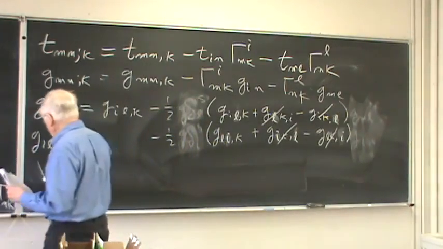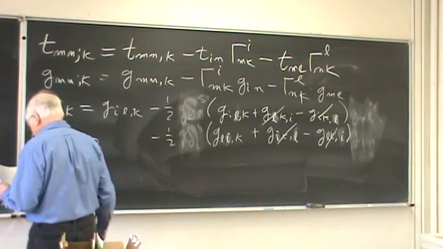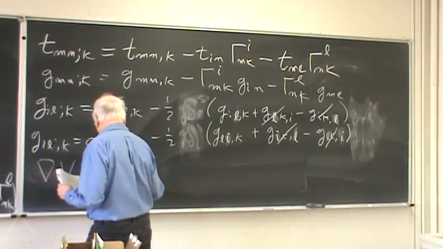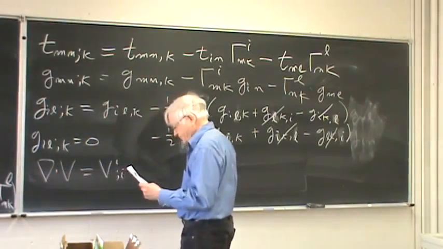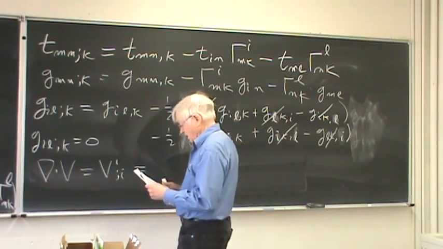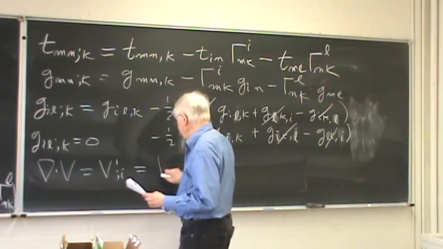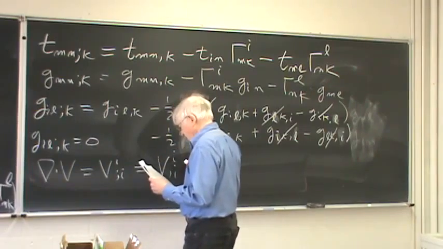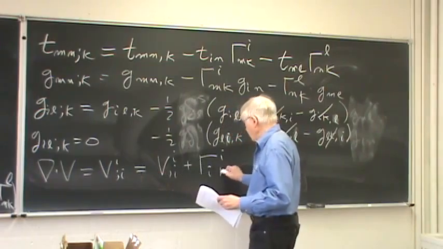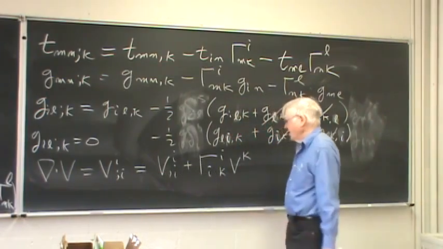What we're talking about is the divergence of some vector, and this is V^I semicolon I. We know from our formulas that that's just V^I comma I plus gamma^I_IK V^K.